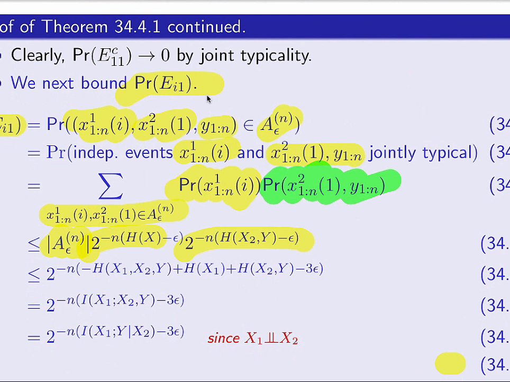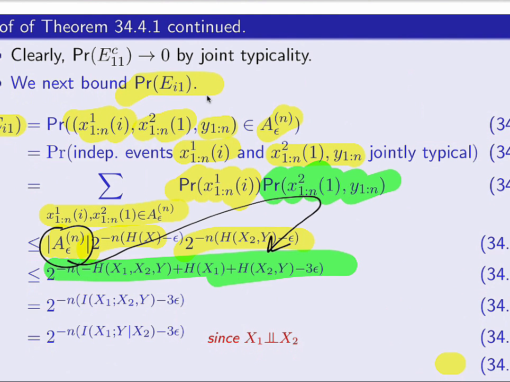So we combine all this stuff together. The epsilons combine. We're also using the upper bound on the size of the typical set, which goes into this bit here.